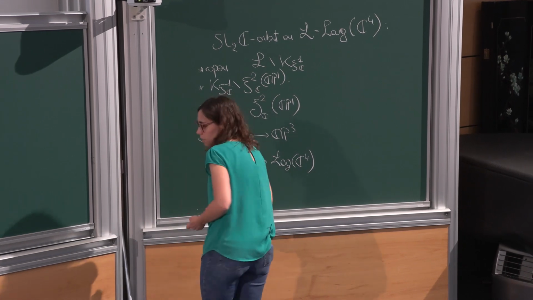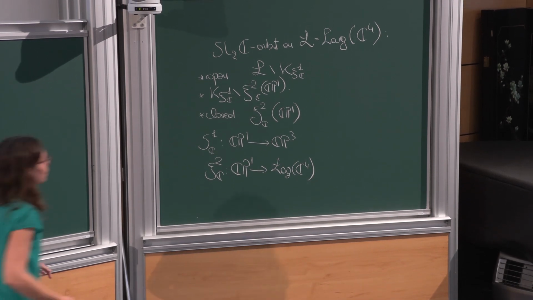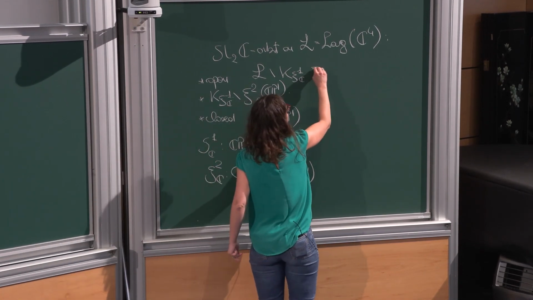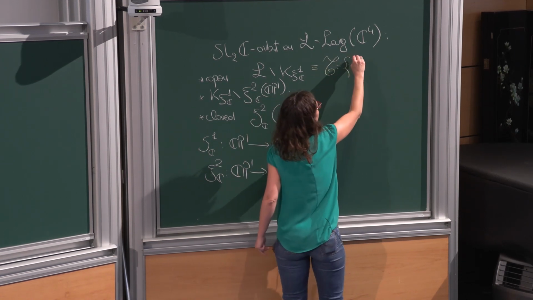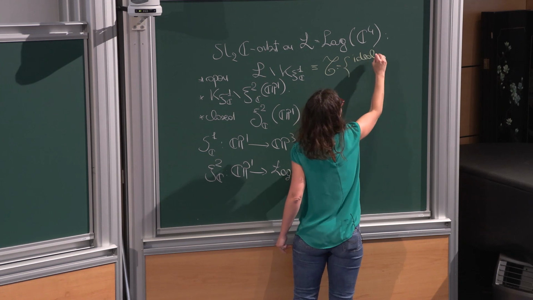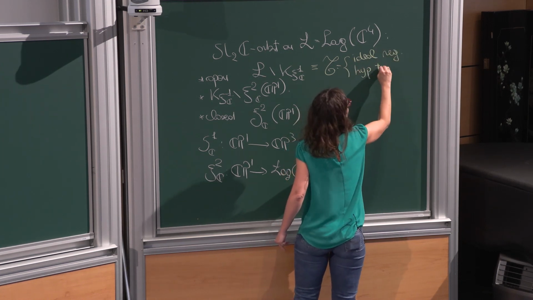And what I think is really nice, or at least what is crucial for our theorem, I like this geometric interpretation, is that you can identify this with the set of ideal regular hyperbolic tetrahedra.